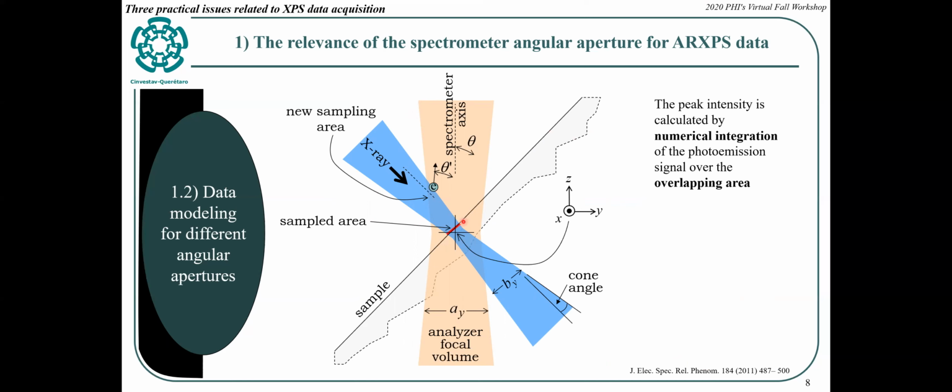This red area here is the overlap between the spectrometer analyzing volume, the X-ray beam, and the surface of the sample. We do numerical integration in the region where the sample surface overlaps with these two volumes.